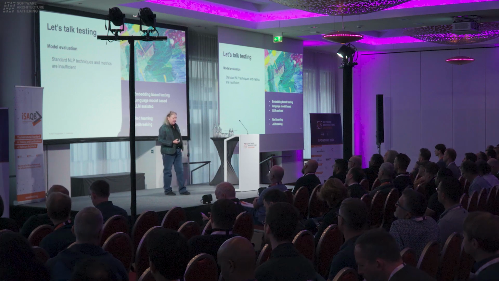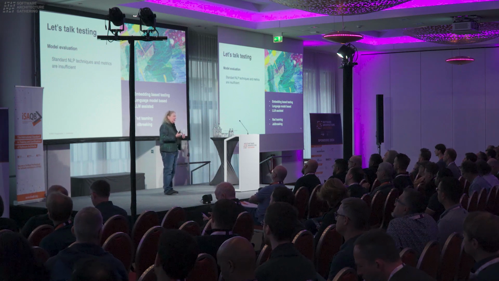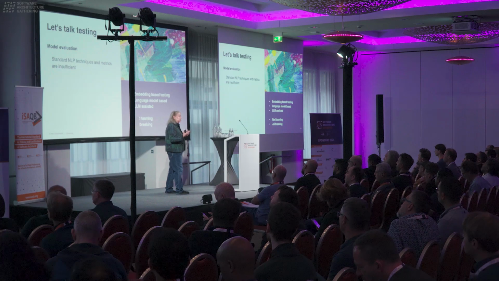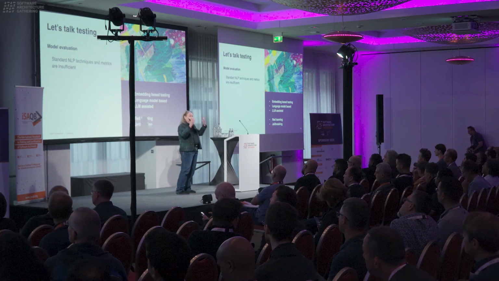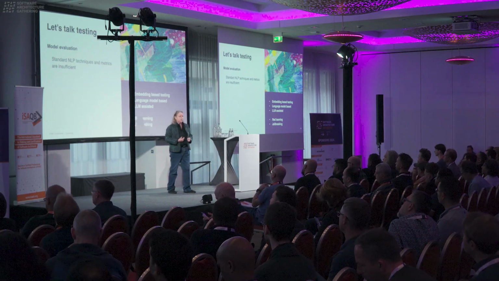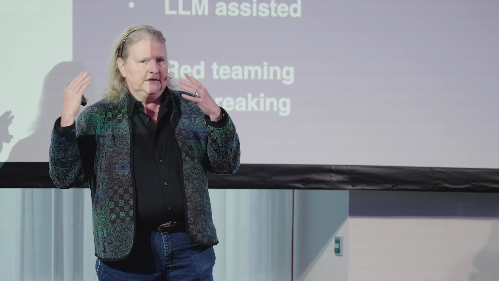I already talked a little bit about this, but there are some interesting approaches. For example, having one LLM check the result of another LLM and using that as part of your testing strategy. Red teaming is being used quite effectively here, as well as deliberate attempts at jailbreaking and then understanding, okay, what do we need to do to close off that particular vector?